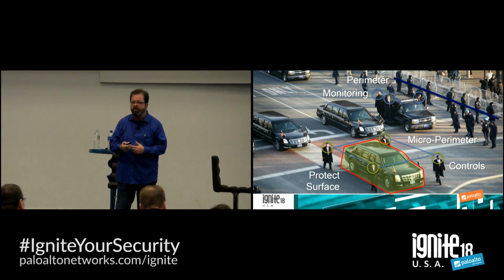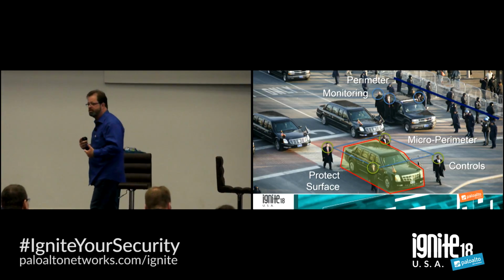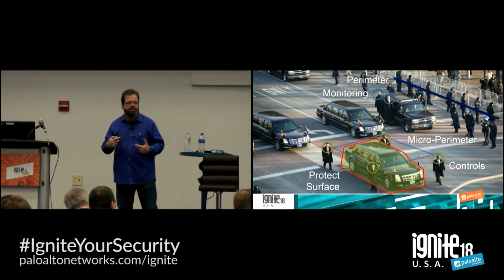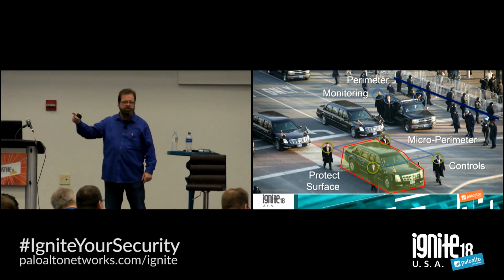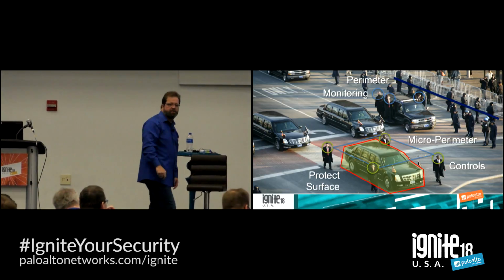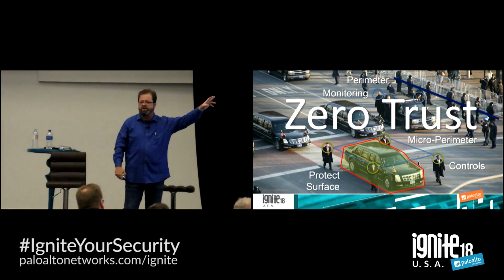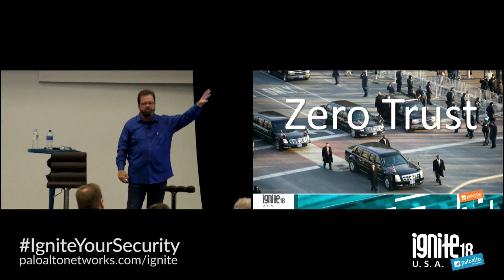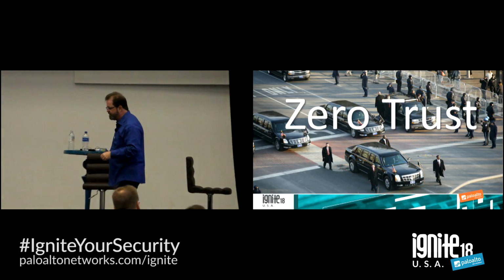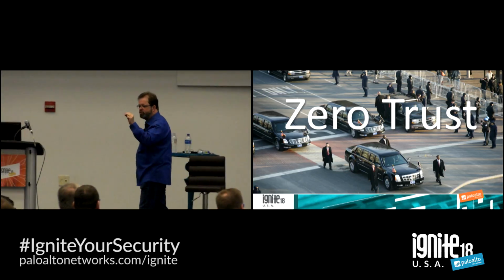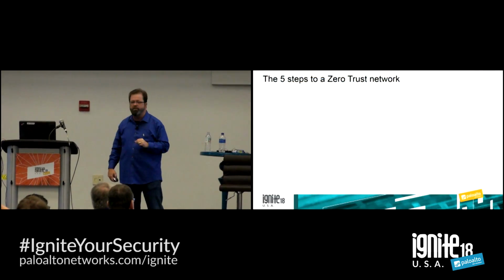They've got a microphone there, and they're talking to people who have earpieces. And what they're doing is real-time automation and orchestration of security policy. This is a zero trust model of executive protection, and it is also a visual representation of how you should do zero trust in your environment.